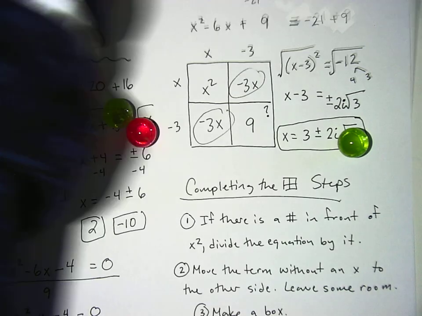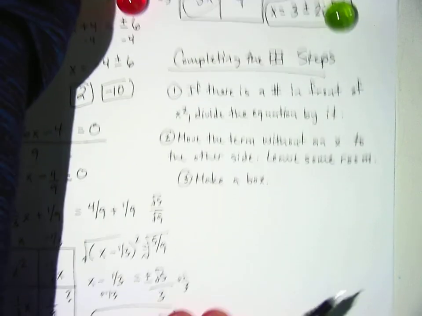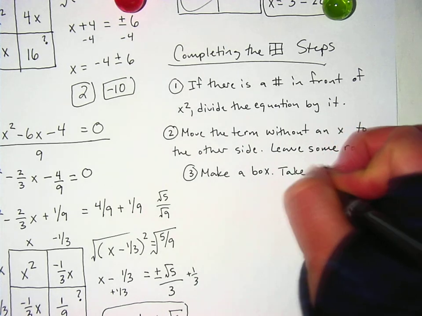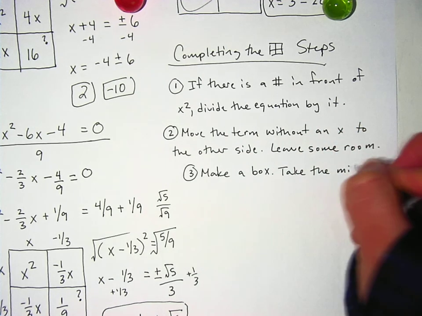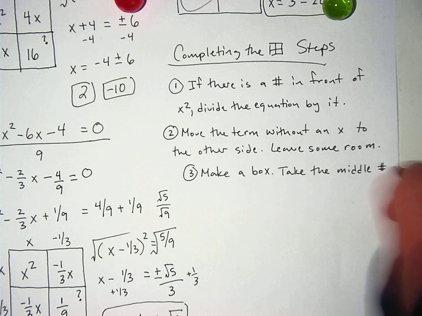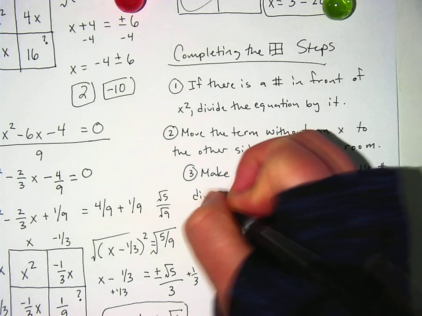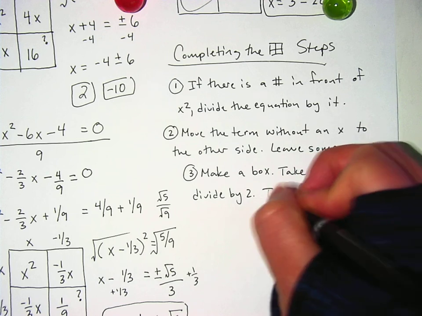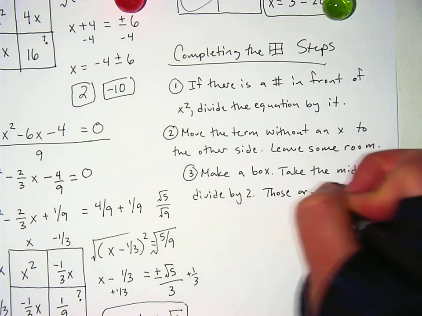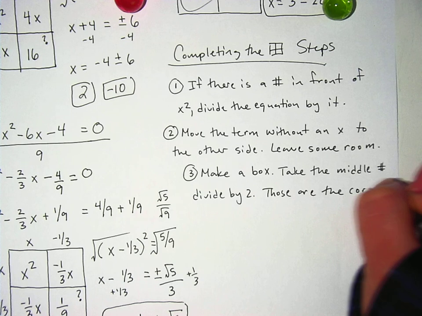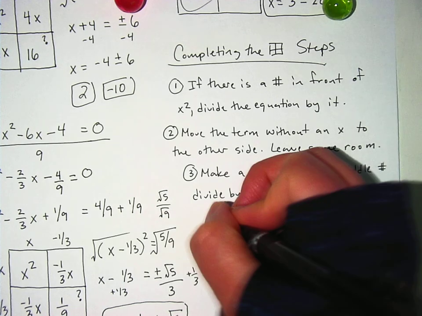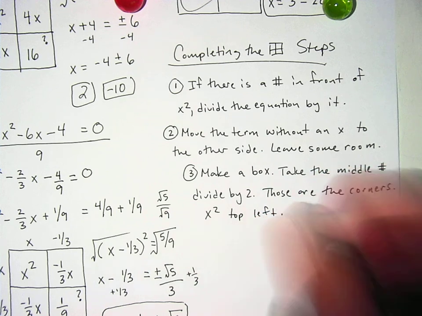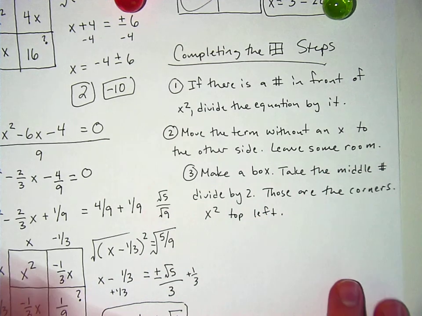So I guess we could just say divided by 2. Take that middle number divided by 2. All right, so take the middle number and divide it by 2. Those are the corners. X squared goes in the top left, which technically it could go in the bottom right, doesn't matter.